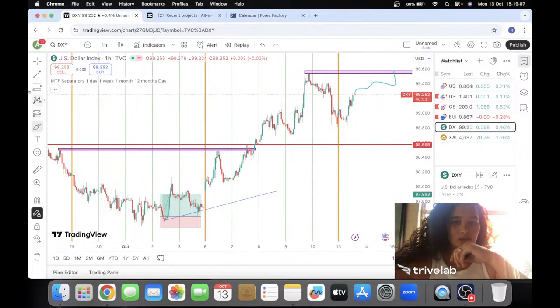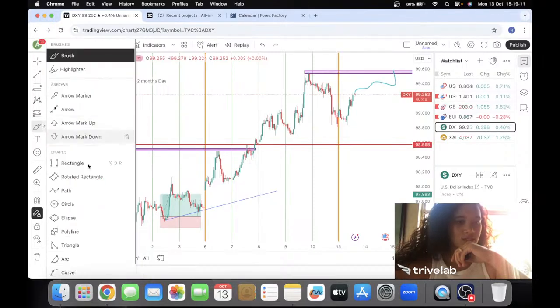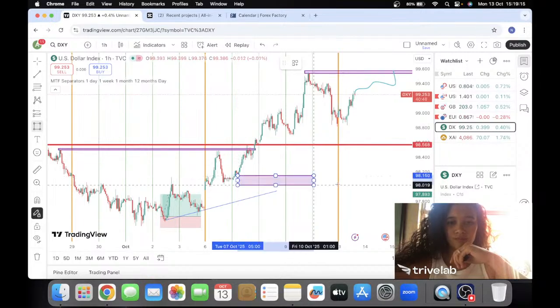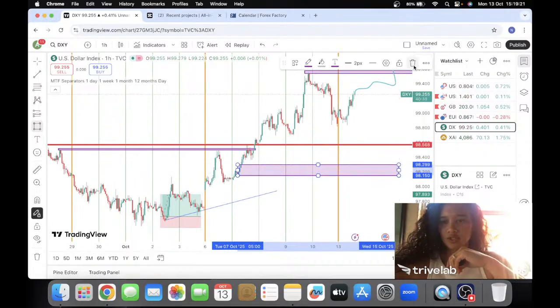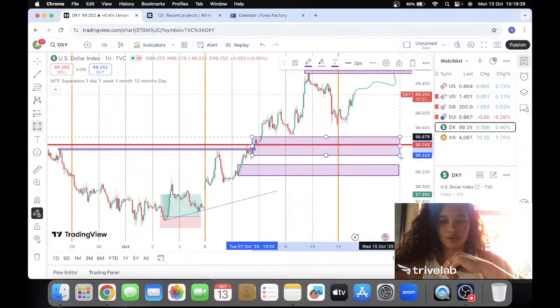If price decides to reach this area over here, let me just move that a little bit smaller. This will be my first look for sell opportunities.